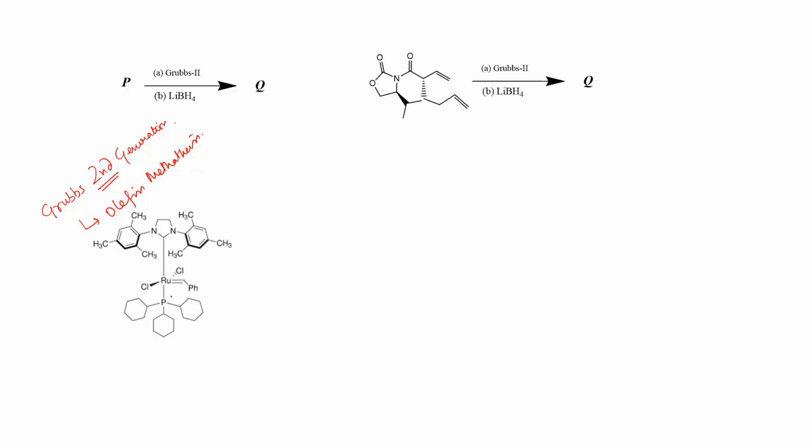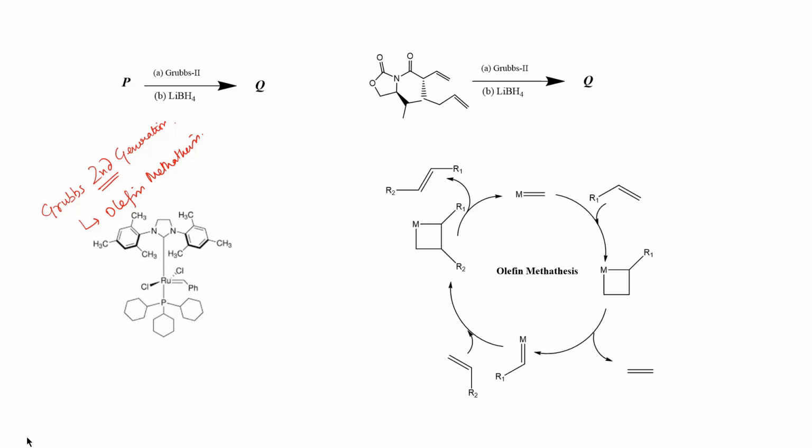It reacts with the alkene moiety to form a four-membered metallacycle, which, when the alkene leaves behind, forms a second intermediate.